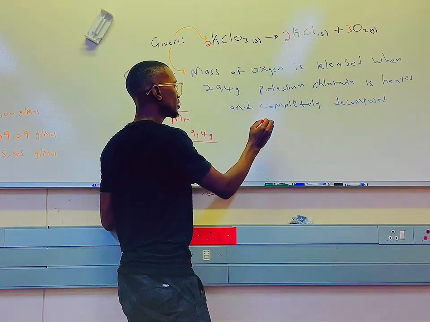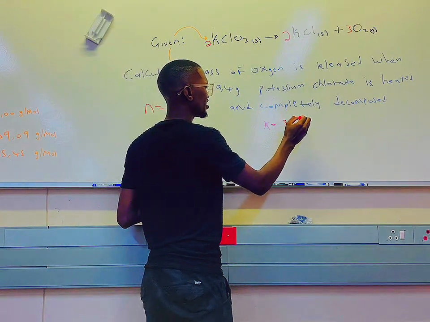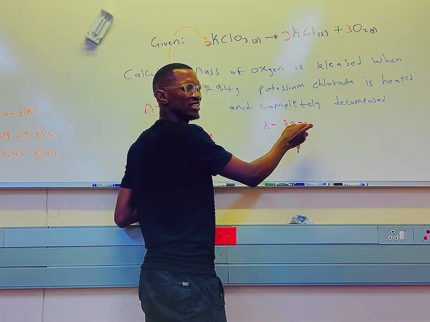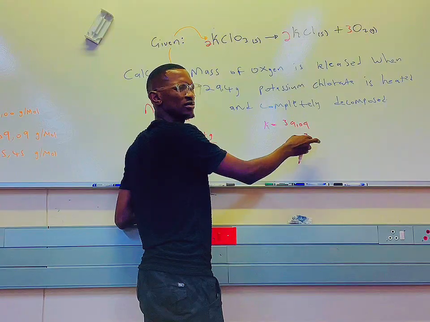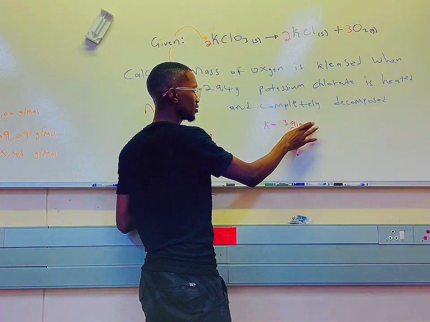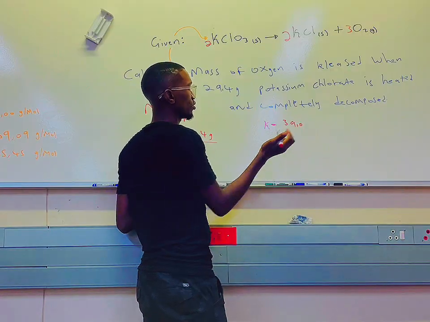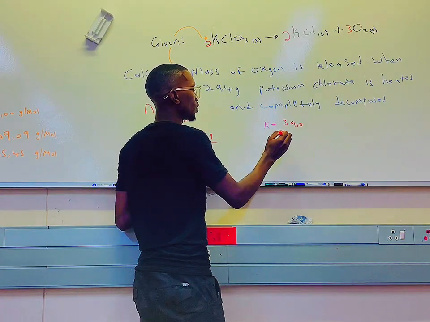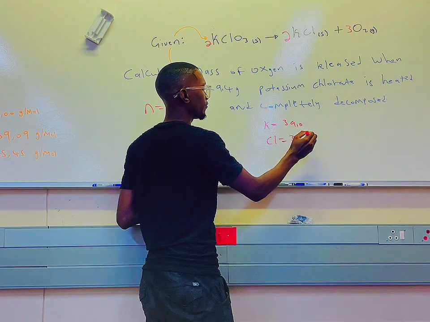Potassium is about 39.1, and we can just make it 39.0, and then you have your chlorine, which is about 35.5.